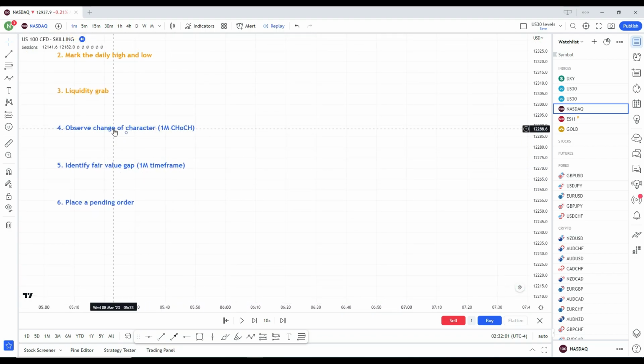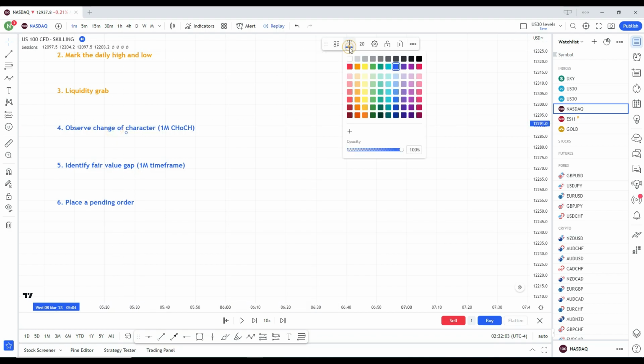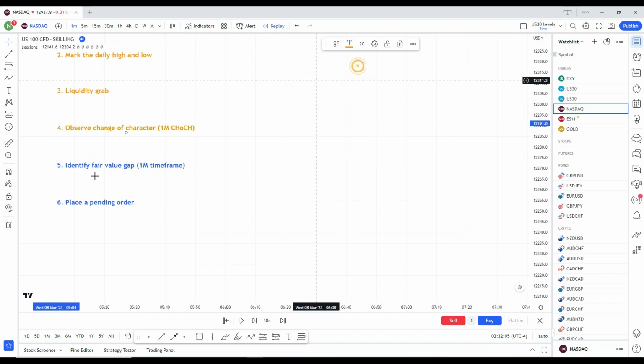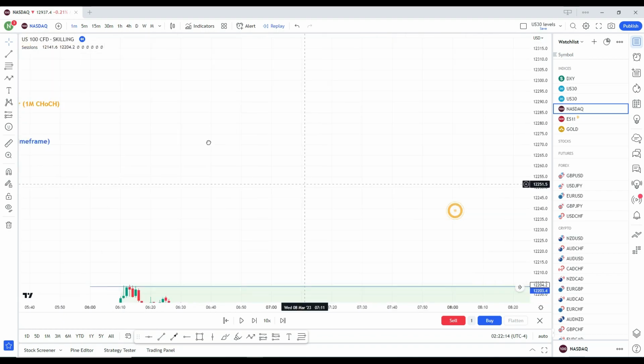So after change of character, now go to identify fair value gap, still in 1 minute time frame. Then we go to placing a pending order.